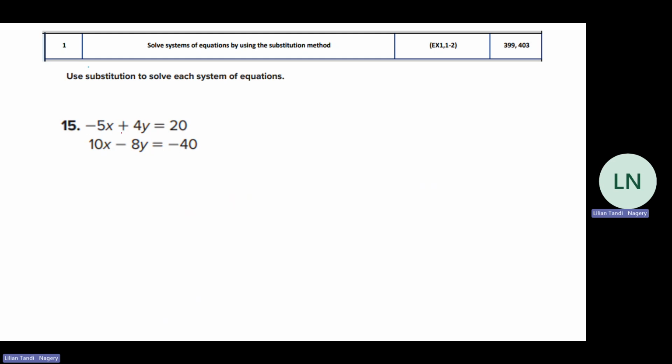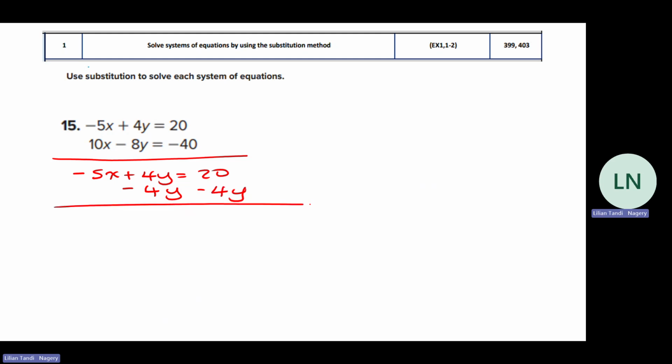We have another one here. None of my equations starts with x alone, so I'll change the first equation. Negative 5x plus 4y equals 20. Minus 4y, minus 4y will give me negative 5x equals negative 4y plus 20. I will divide by negative 5.